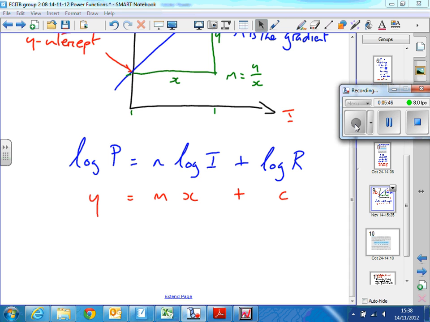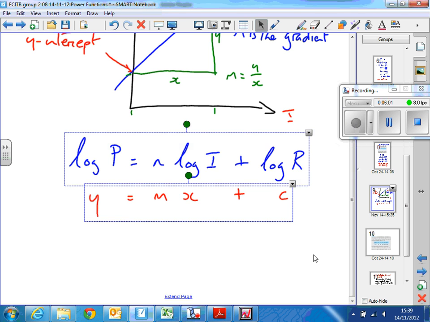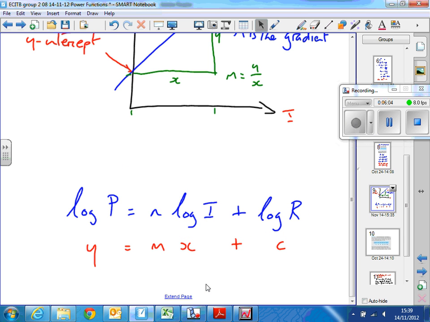So what we're saying then, and these are the important points to come out of this, I've rearranged this function. Remember we had power equals Ri to the n. So we could write that here actually. Power equals Ri to the n. Using laws of logarithms, we've shown that that can be written like that. So this is another way of writing that.